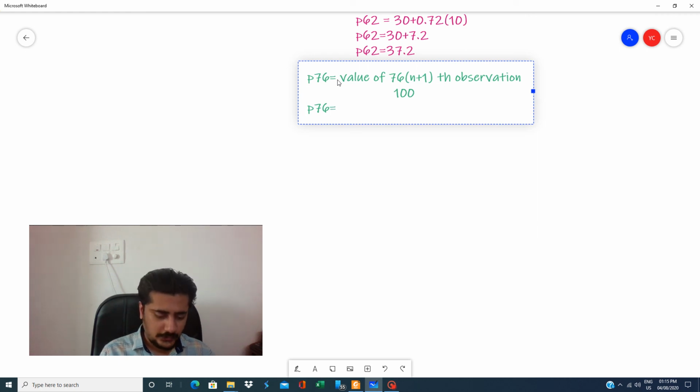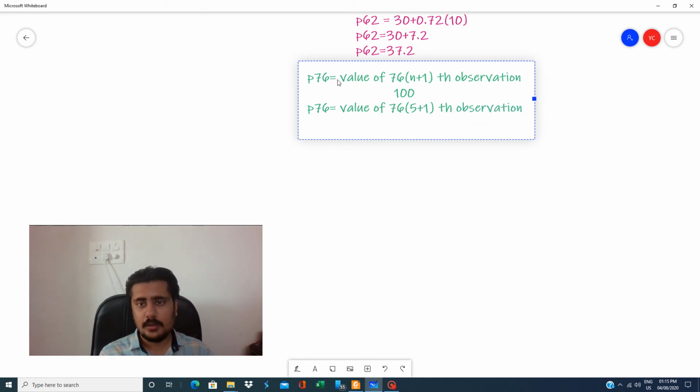So how will we be solving it? It's a value of 76 into 5 plus 1 upon 100th observation.